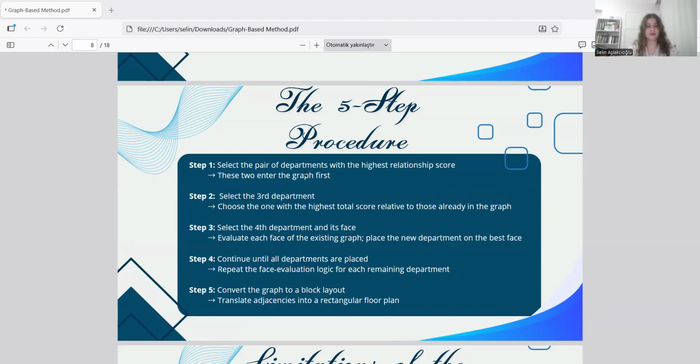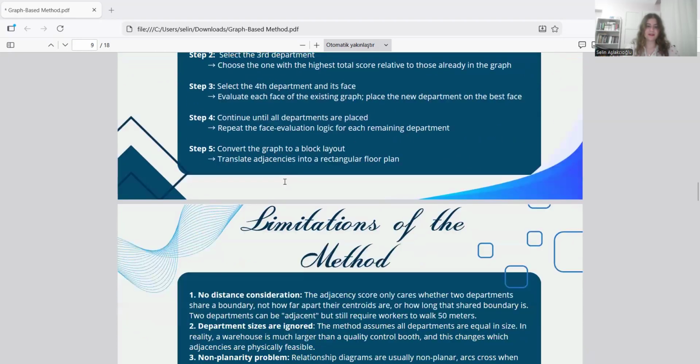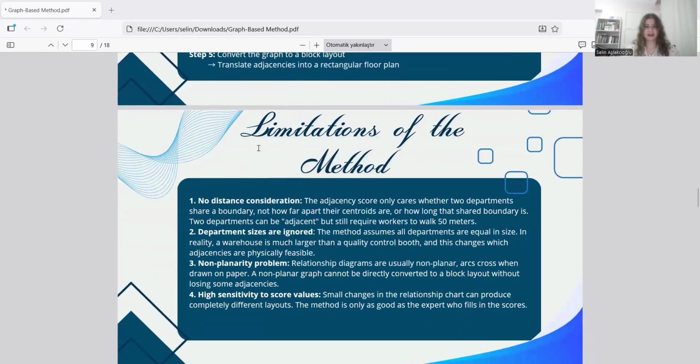Then we select the fourth department and its face, and we continue until all departments are placed. As the last step, we convert the graph to a block layout, which is translating adjacencies into a rectangular floor plan.